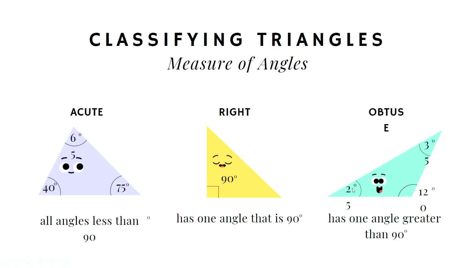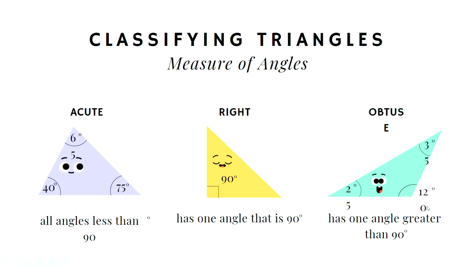You can simply see 25 degrees, 120 degrees, 35 degrees. So you can see here we have 120 degrees. An angle whose measure lies between 90 to 180 degrees is known as an obtuse angle.